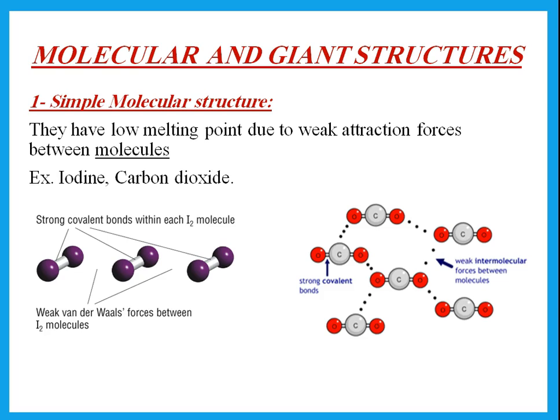Also carbon dioxide molecules, one carbon dioxide and another carbon dioxide and so on, between them there are weak intermolecular forces, and this is what determines the melting point, because when we're melting, we're trying to separate the molecules from each other. So simple molecular structures will have low melting point, and if the question asks why, it is due to weak attraction forces between the molecules.